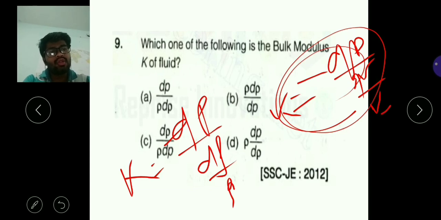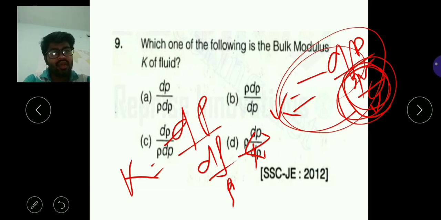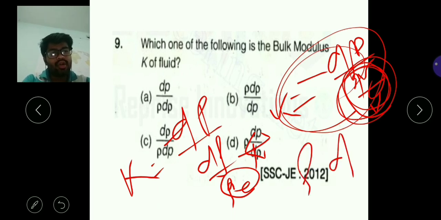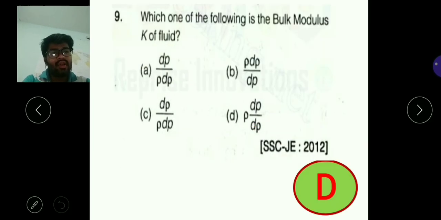We can change the volume into a density term. So rho can be taken into the numerator, and I can write rho dp divided by d rho. I can find this in option D, so this will be the answer.